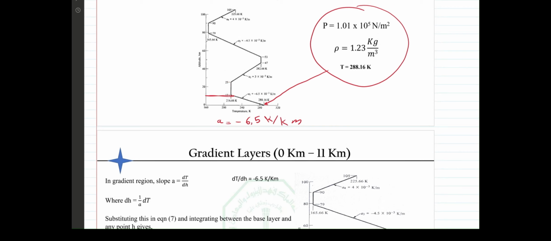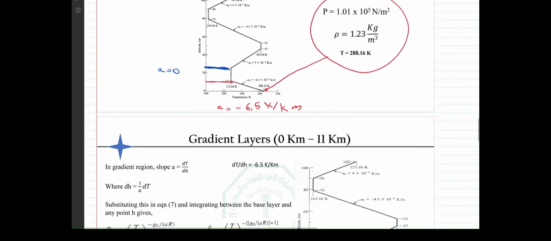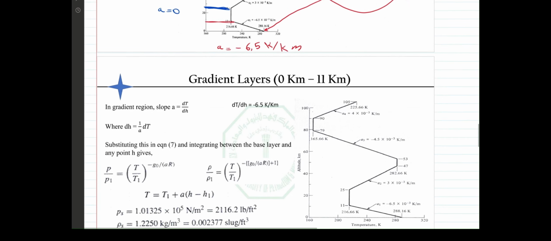So in this region, let's just denote it in another color, we have a different value of a. So here the a is equal to 0, basically. As you can see here, this is the value of a, and this is the value of the temperature at the altitude of 11 kilometers.